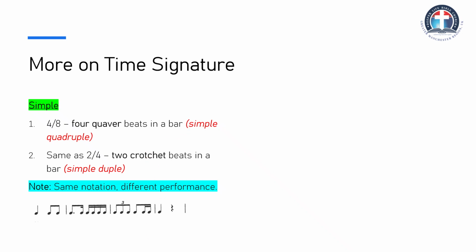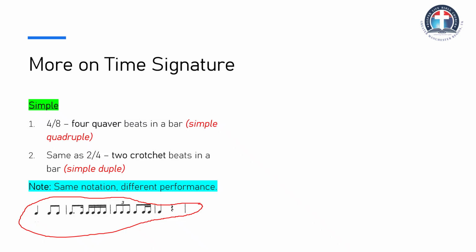Now, if you look at these notes here, you find out that it can either be 2/4, because this will be 1 crotchet, and these two will form 2 crotchets, so it is 2 crotchet beats in a bar. If you go through the same bars, it's going to be the same thing.